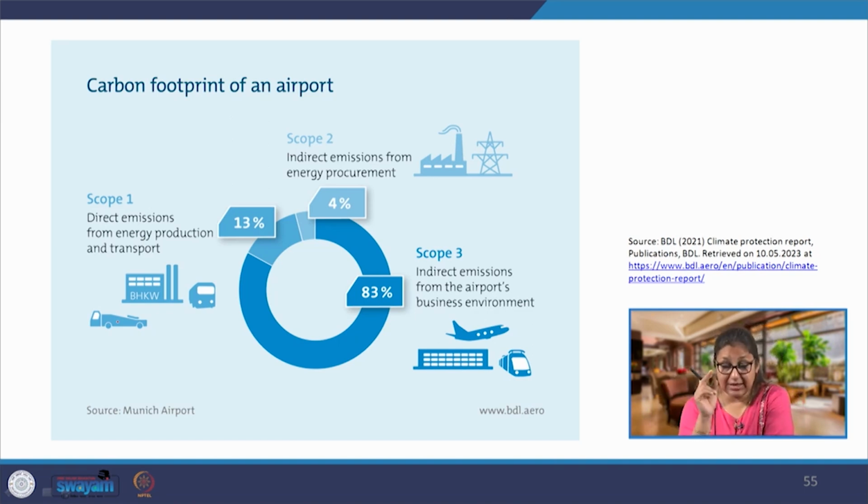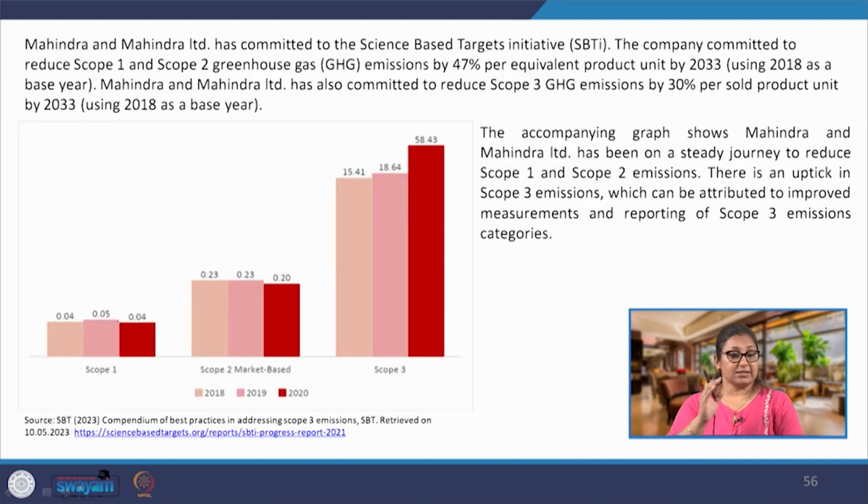But in case we were talking about an airline carrier, a company which provides the airline services, for them the emissions will be put in the direct emission category, because all the emission that is resulting from this flying of the aircrafts is a direct emission. So, I hope it is making us a little clear as to what to be put in scope 1, 2 and 3.